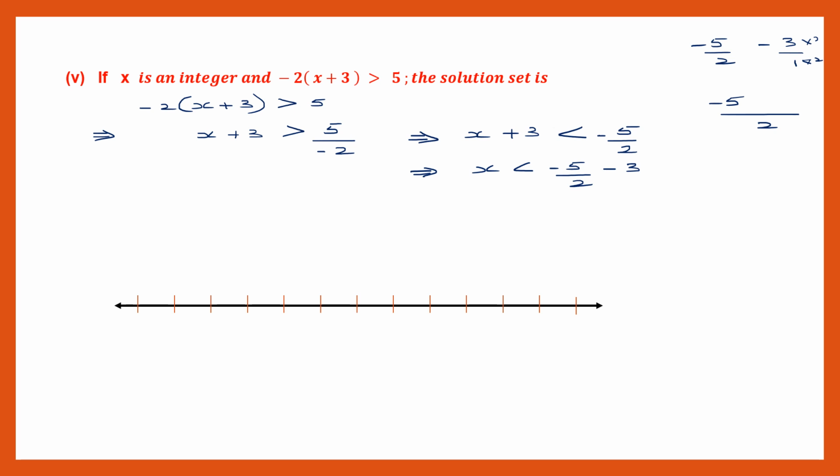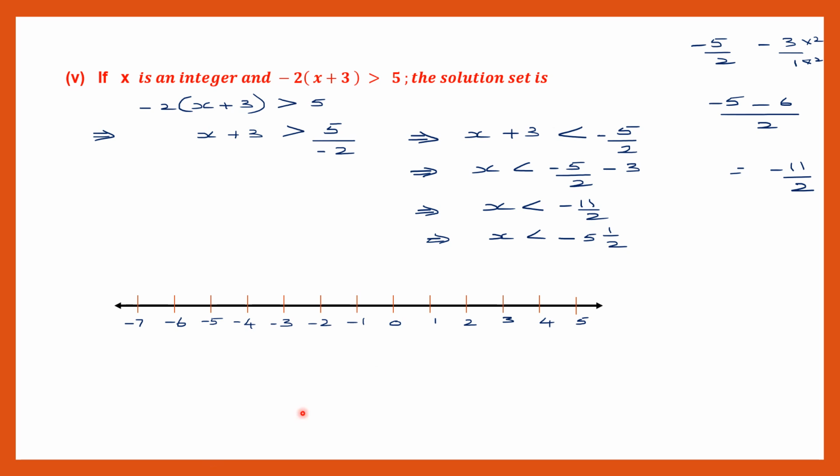So minus 3 into 2 is minus 6. So here what do we have? Minus 11 by 2. So let's continue here. So x is less than minus 11 by 2, or x is less than minus, 5 twos are 10, 1 by 2. X is less than minus 5, 1 by 2.